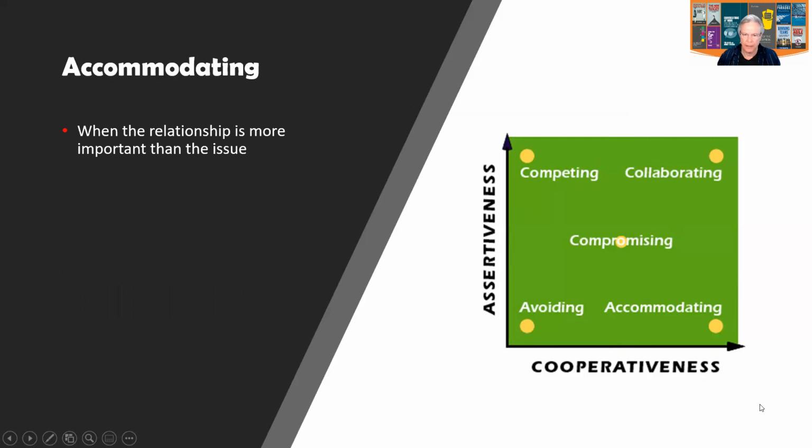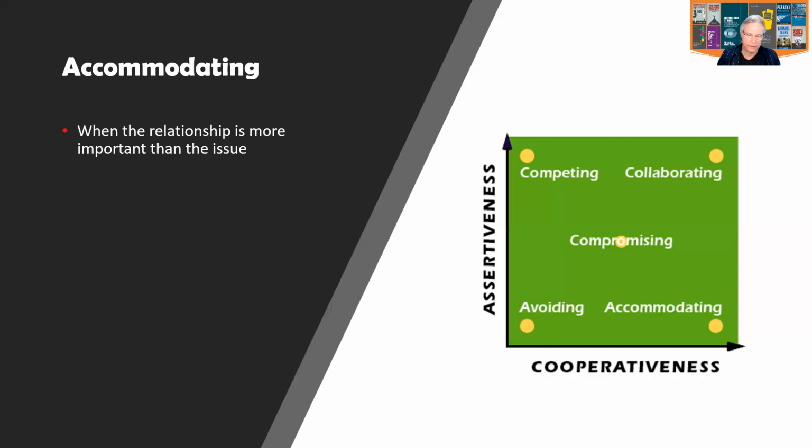Those of us who are in personal relationships understand that sometimes we just have to accommodate, because by not accommodating, we might damage the relationship we've got, our personal relationship. So of course we understand we've got to accommodate.